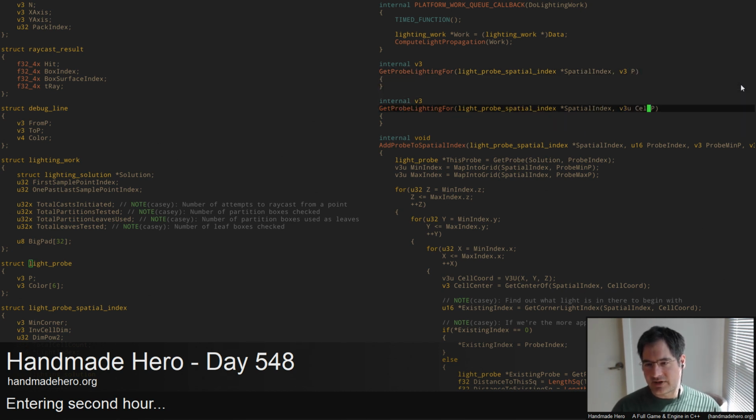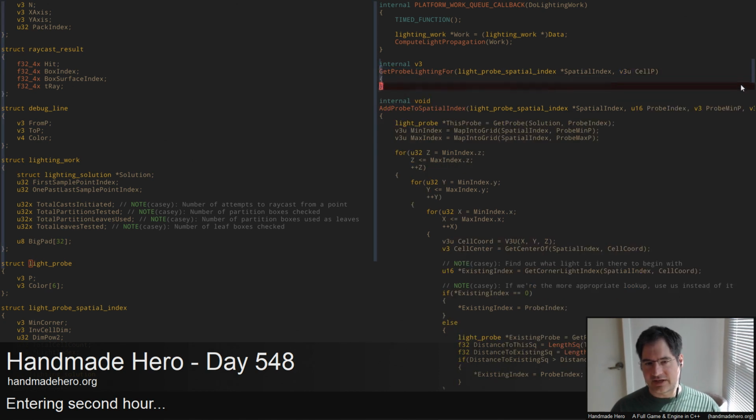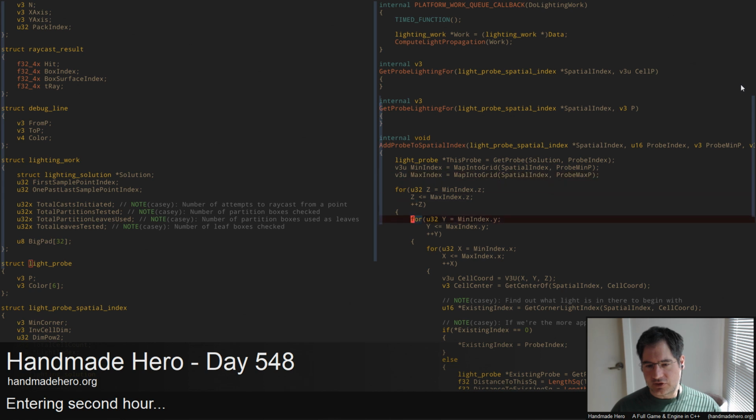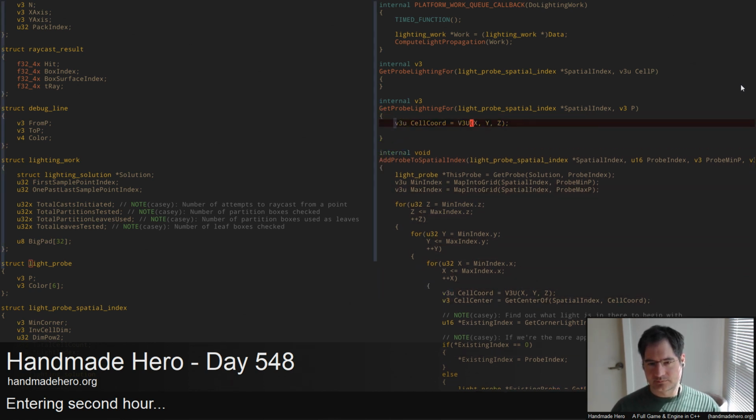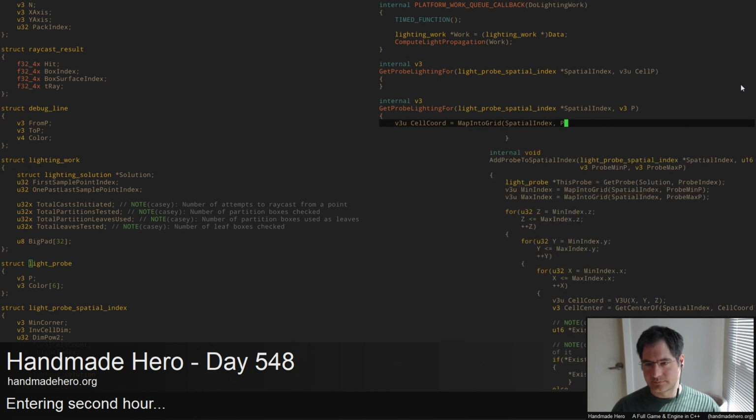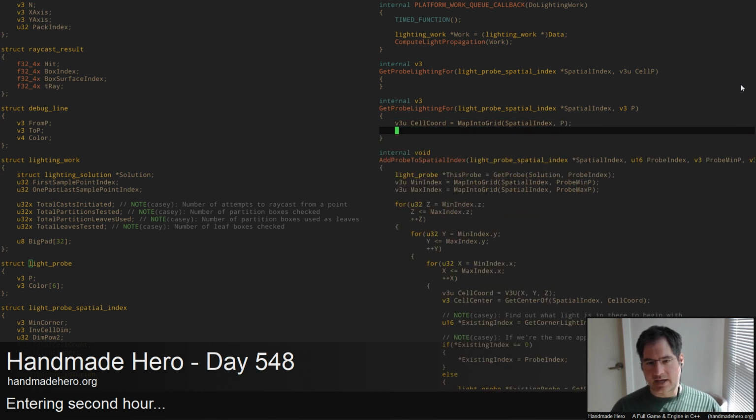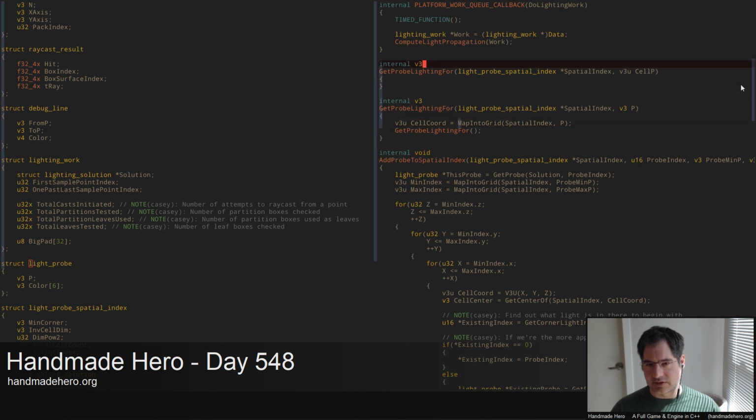We're going to have a cell position and then a world position, and these get sort of translated, right? So in here, we would want some way of saying map, well, we have it right here. Map into grid. And then we can just sort of thunk through. So we can call it with a real position, and if we do, what we'll do is convert it to a grid position and then call this.